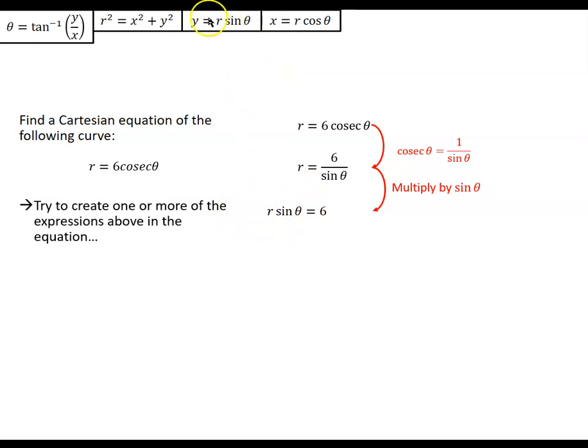That's here and it's equal to y. So I can rewrite this, and it's the horizontal line y equals 6. So sometimes moving from a polar equation to a Cartesian equation makes things simpler.